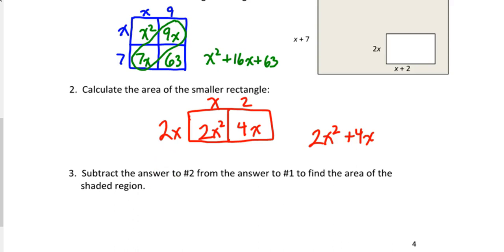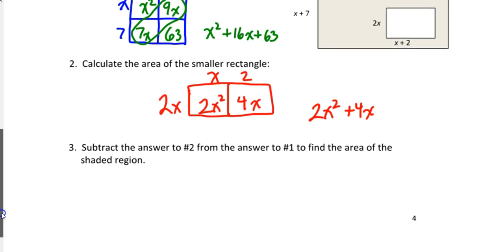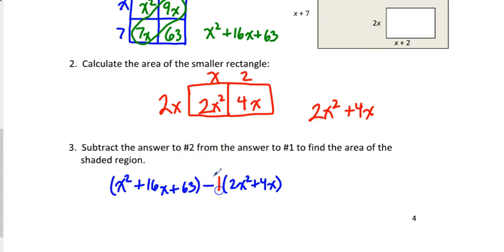Okay, so this is a subtract from problem, so I have to subtract the smaller from the larger. The way I like to approach this is distribute that -1 to both those terms and rewrite it.